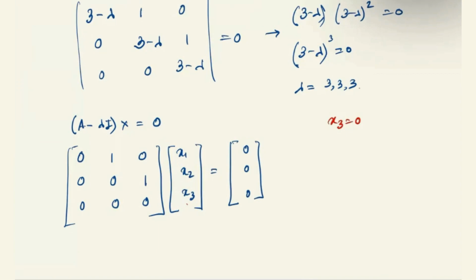The augmented matrix, the rank will be more than the actual matrix, as we mentioned in the last class. So x3 will always be 0. And what about x1 and x2?